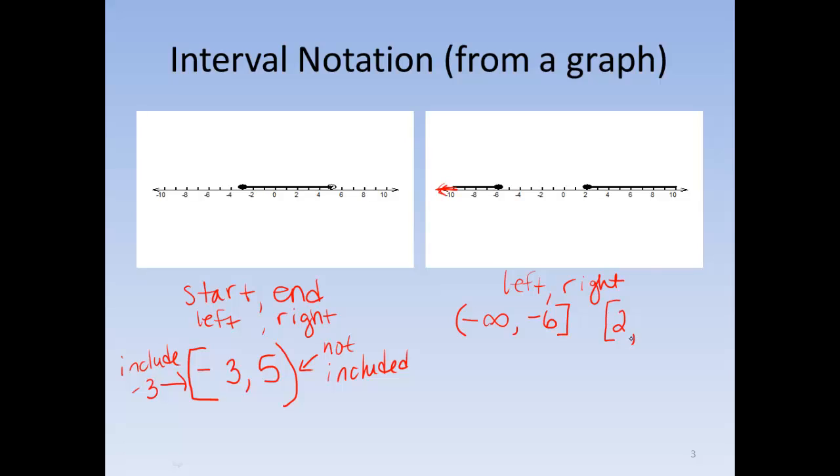It's included. And it's going to the right forever, which is going to be positive infinity. Infinity always gets an open bracket. Often in the middle of this, you'll see a U, and this U is a symbol for union, where it's both this interval from -infinity to -6 along with the interval from 2 to infinity. So that's interval notation from a graph.